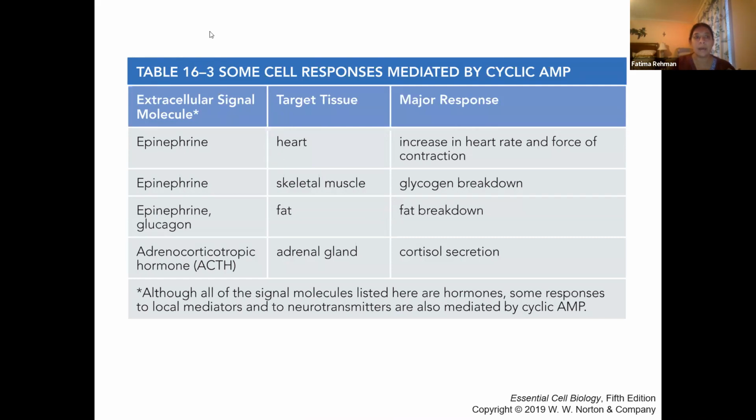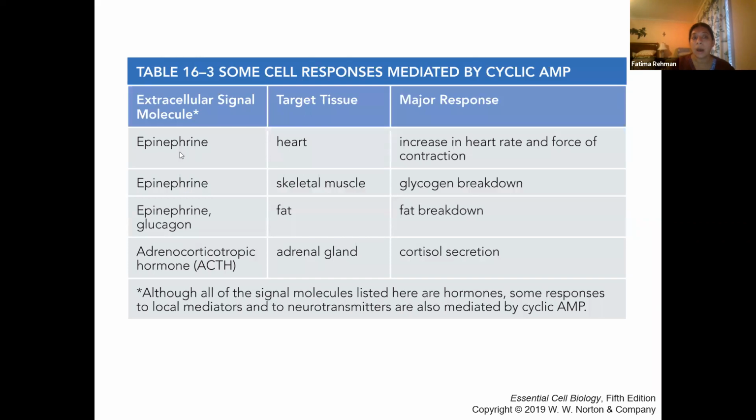So you have these extracellular signaling molecules that are binding to the plasma membrane receptors. These are binding to G protein receptors: epinephrine, glucagon, or ACTH, which is a hormone. And they are going to, in their target tissues, have a major response to that environmental stimulus.